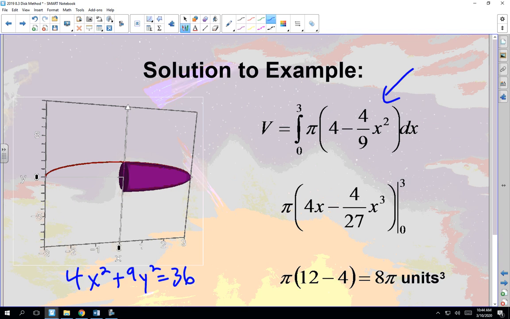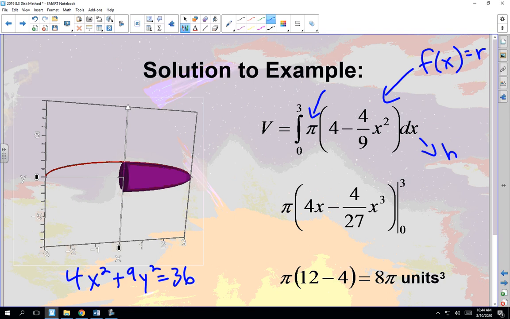So this is our f of x that we're plugging into our function. So f of x, remember, is r. dx is our h. Pi is just part of the formula. And then we're integrating it from 0 to 3 in this particular problem. That's it. The setup is just like you've been doing for area, but we have the pi r squared in there.